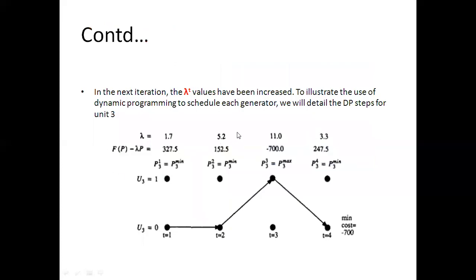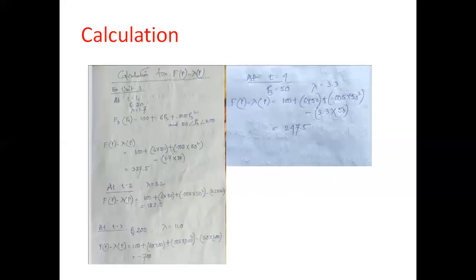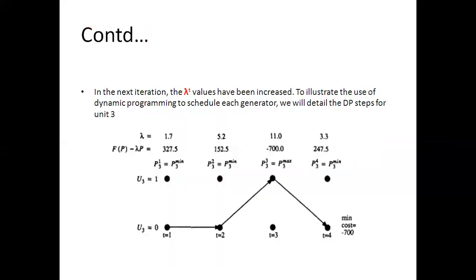So here we have the different values of lambda, this calculation that we have already seen. What we have learned is the three feasible conditions. When Fp minus lambda p is positive, P3 at hour 1 equals P3 minimum value.